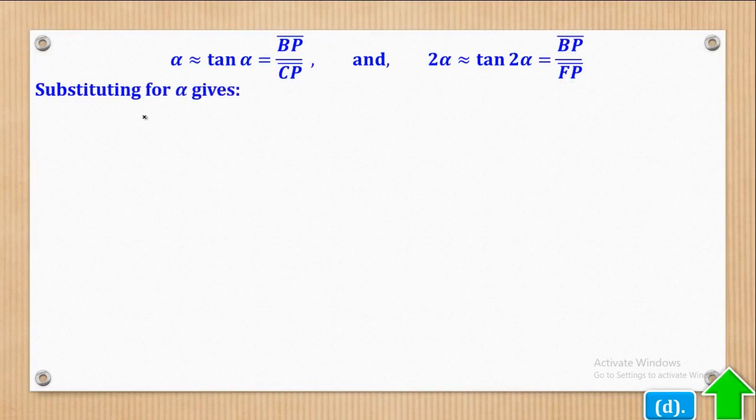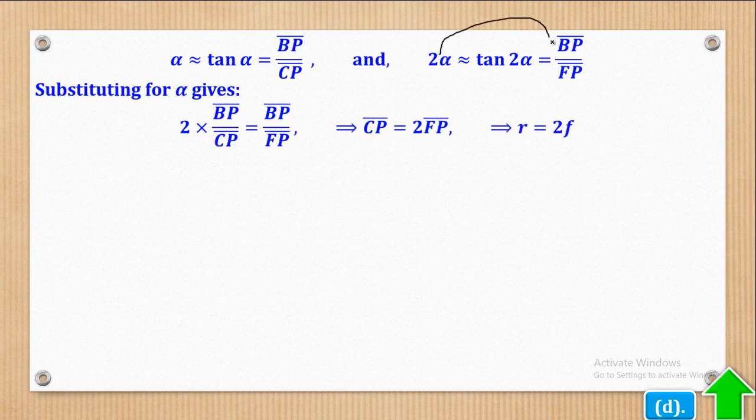Now next we are going to substitute for alpha, and when we substitute for alpha we shall come up with that. So where is that coming from? We know that this is equal to that, therefore, and we know that alpha is equal to this. So I'm going to bring this one and put it here to get 2 times BP over CP, and it is equal to BP over FP, which is that. So this and this cancel.